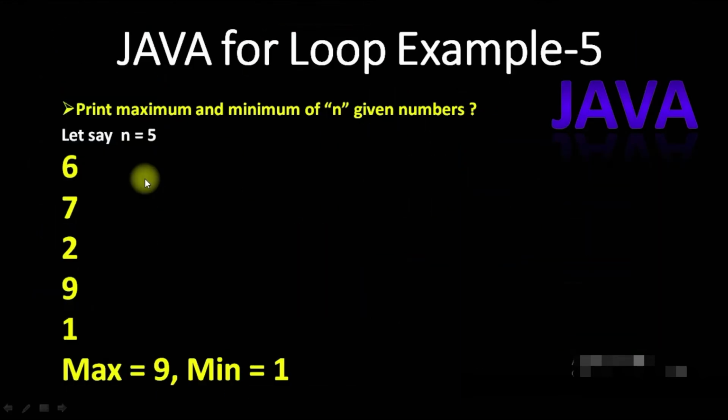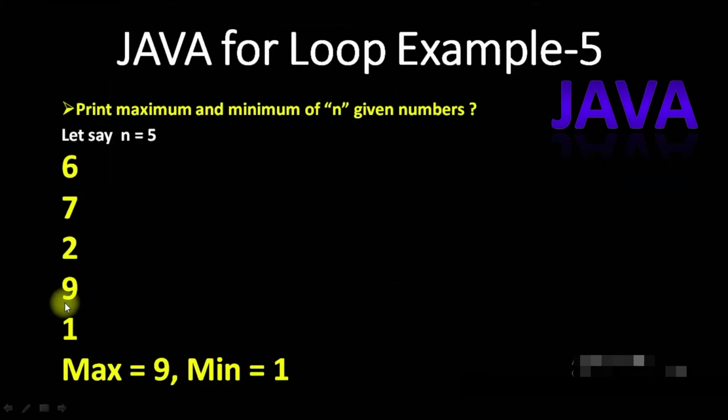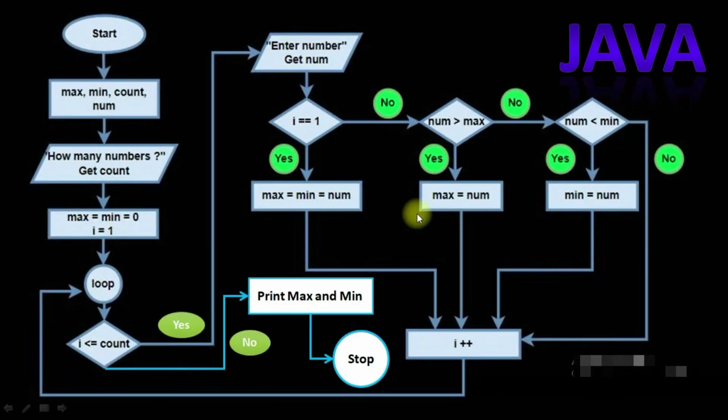Previously we said max is 7, now we put 9, so it checks if 9 is greater than the previous max value 7. Yes, so it will again override the max value with the new value, that is 9. So our maximum number has come from 7 to 9. So that means our maximum number is set as 9.